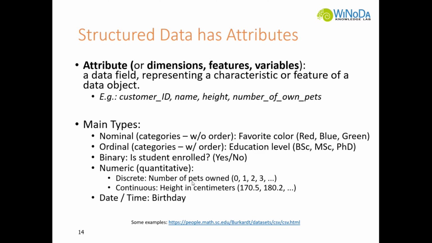So we can say, well, number of pets owned, for example. Well, you don't have half a pet, right? You have only 0 or 1 or 2 and more, but it's clear it's only, in this case, natural numbers. There's continuous numbers, which is also clear, so can technically take any value, height in centimeters, for example, or distances or so. This is then continuous numbers.